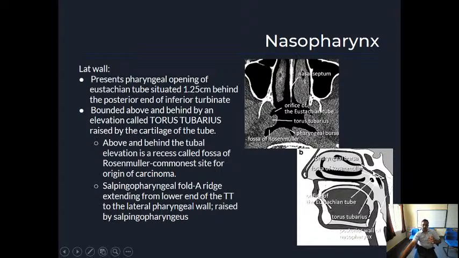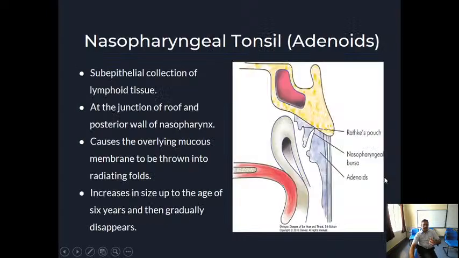The mucosa is thrown into folds, with underlying lymphoid tissue, which is the nasopharyngeal tonsil, otherwise called adenoids, situated in the roof and the posterior junction of the posterior wall of the nasopharynx. So this is called the nasopharyngeal tonsil, otherwise the adenoids, which is common.